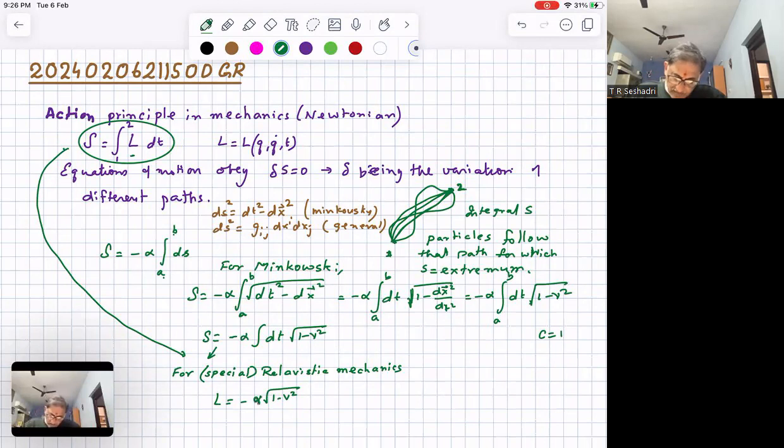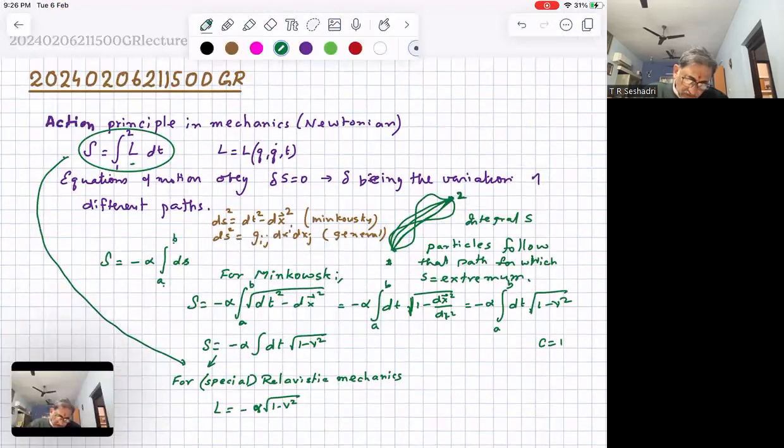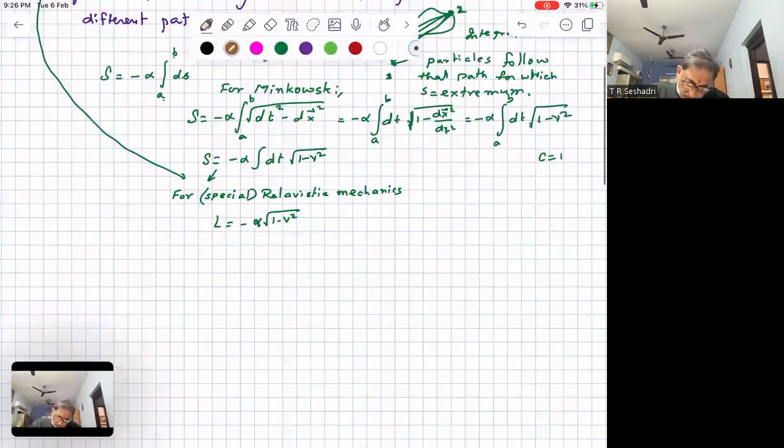And now, let me play around with this. I will consider the case of the non-relativistic limit, where I have v much less than 1.